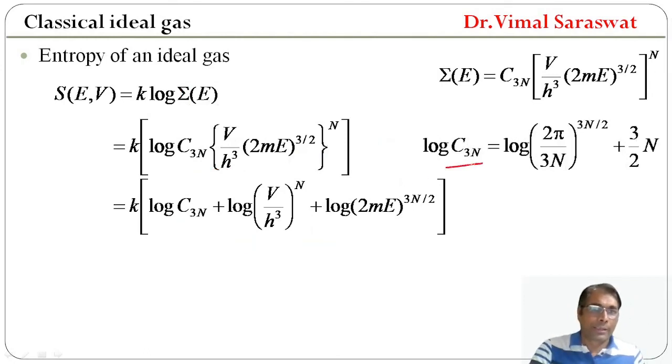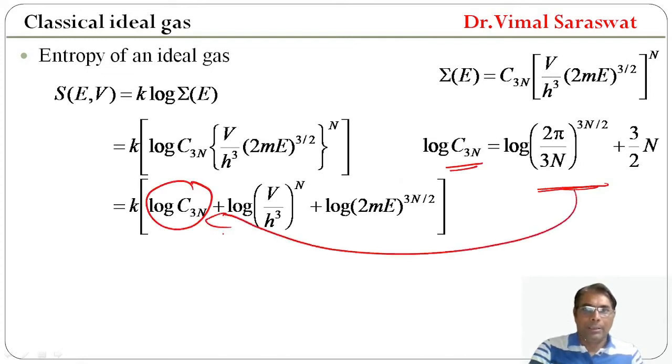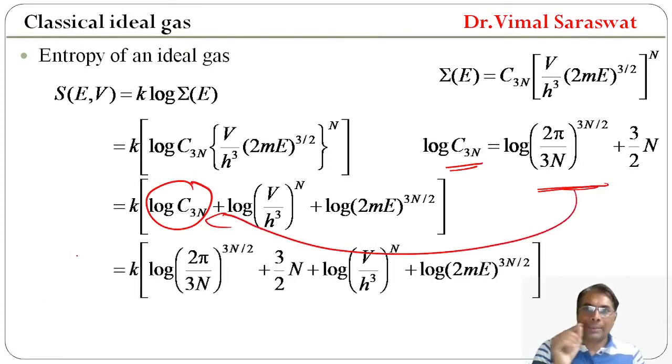Since log C3n equal to this one, we replace this log C3n with this term, and therefore S equal to K log (2π upon 3n) whole power 3n/2 plus 3/2 n plus log (V by h cube) whole power n plus log (2mE) whole power 3n/2.